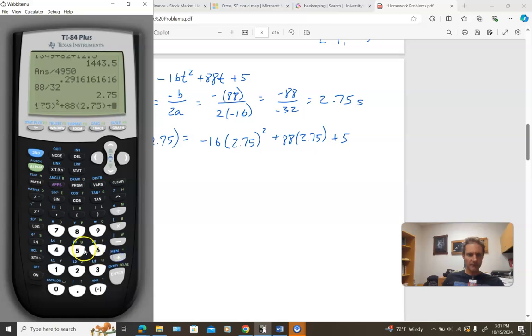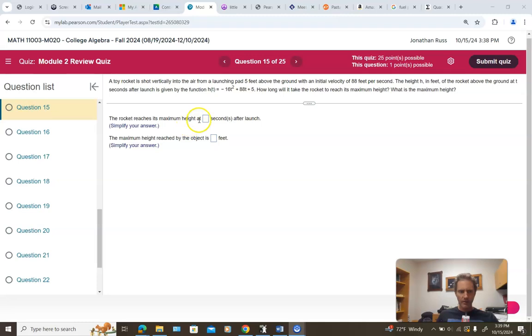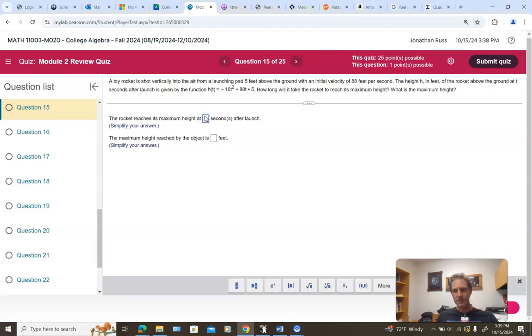And plus 5. This is going to give us the height. Ooh, 126 feet. Okay. So it takes 2 3/4 seconds for it to reach its maximum height. Alright, it actually shut off because the disk space on my computer was full, so I had to delete some stuff, some previous videos. But the rocket reaches its maximum height at 2.75 seconds, and the maximum height reached by the object was 126 feet.